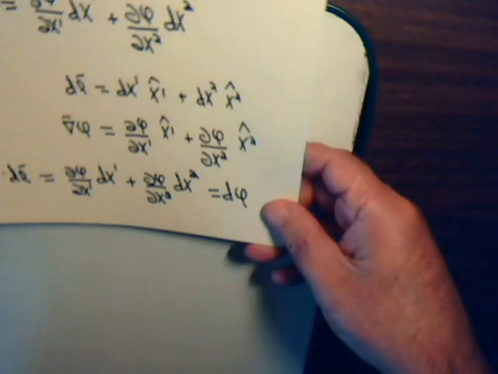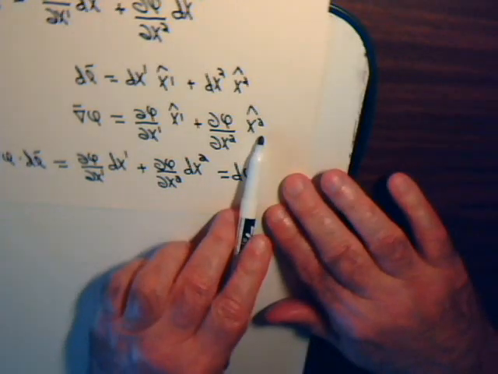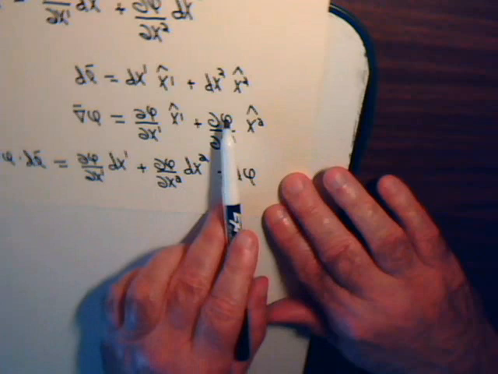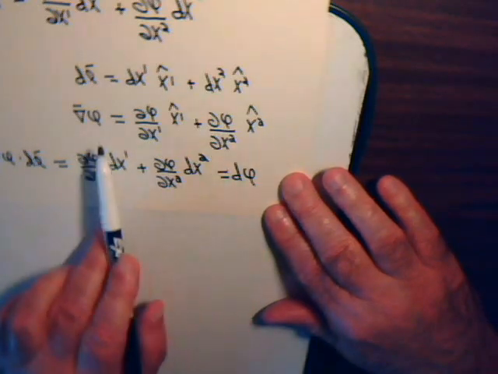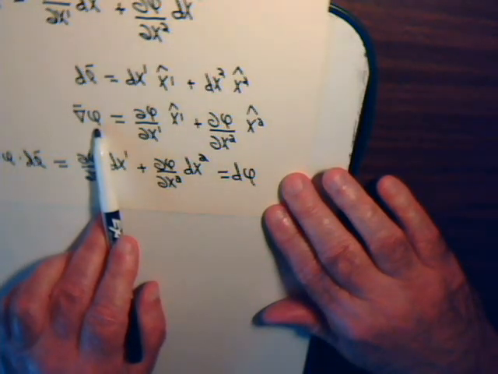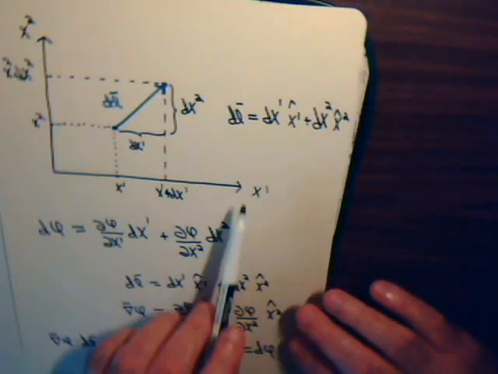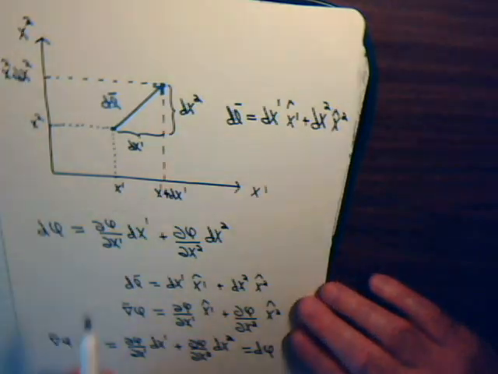And again, that follows directly from the way a gradient vector is set up: partial of psi with respect to x1, partial of psi with respect to x2, where psi was some scalar quantity that in turn depended upon the x1 and the x2 values.